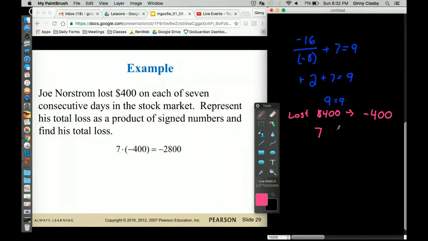Represent his total loss as a product of signed numbers and find his total loss. Okay, so finding the product, you have 7 days, $400 each day. Okay, this guy hopefully is not making his career in the stock market. So you have a negative $2,800 that he lost in that total 7 days in his stock market trading. All right.